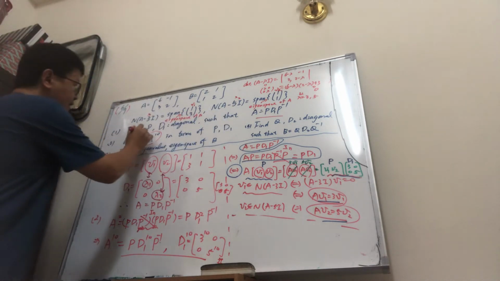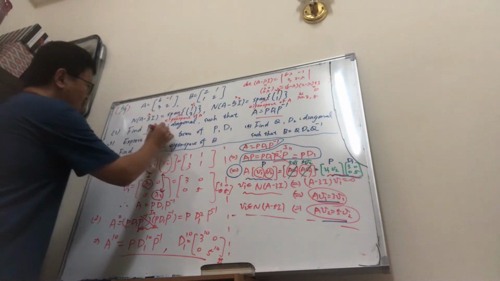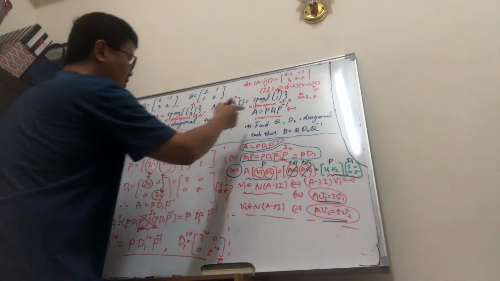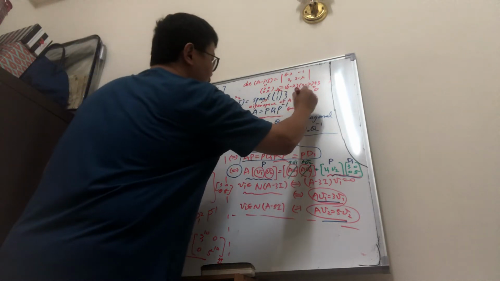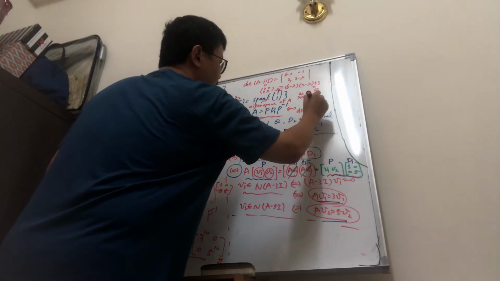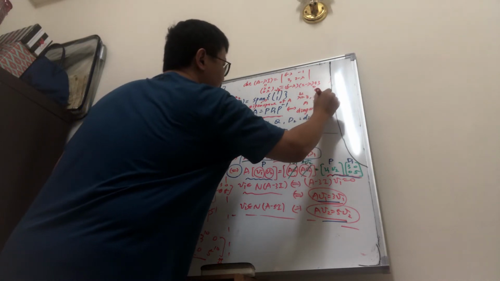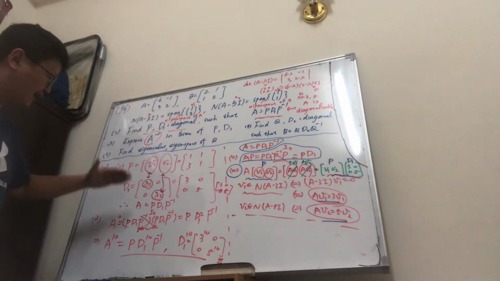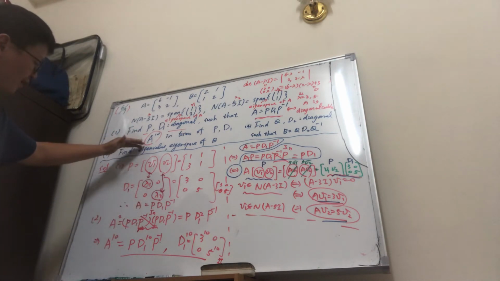Being diagonalizable means that we can find a matrix P and a diagonal matrix D1 such that this equation holds, as we said in class. And if A is diagonalizable, A is of this form and A to the power of 10 is of this form.